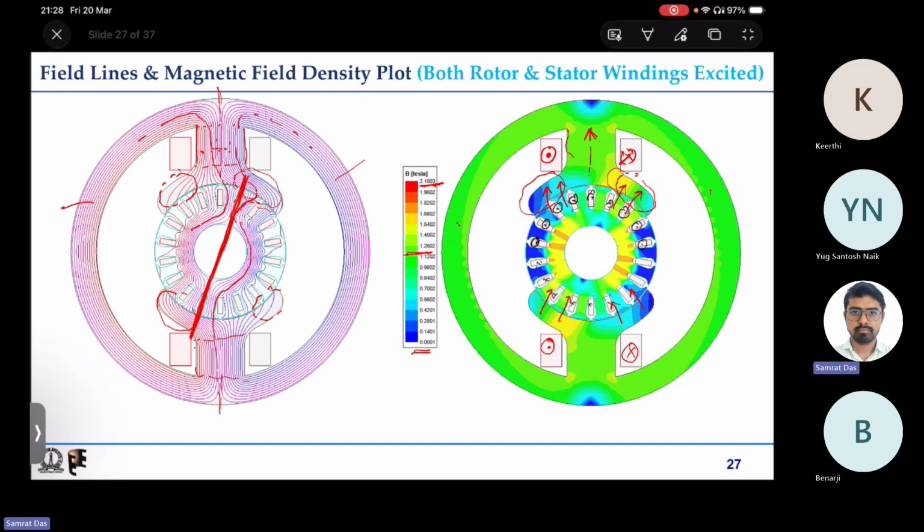That is the case for which the simulation is done. So the flux lines direction will be right hand side horizontal like this. As you have seen earlier, they will mostly flow through the stator pole shoe only. They will flow somewhat like this.